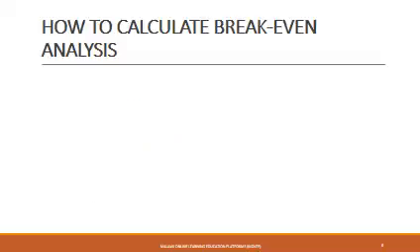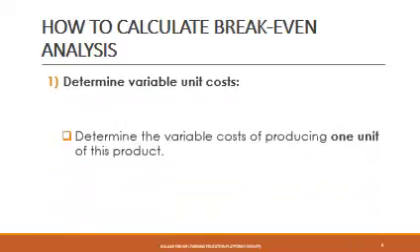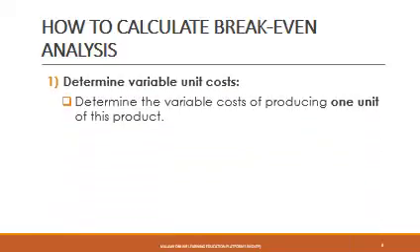Before going into the actual calculations, one must be able to determine the variable unit cost. You need to determine the variable cost of producing 1 unit of the product you are selling. For example, you are a farmer who is growing maize, so you sell your maize in batch. So you need to determine the variable costs you have incurred per bag of maize you are selling.